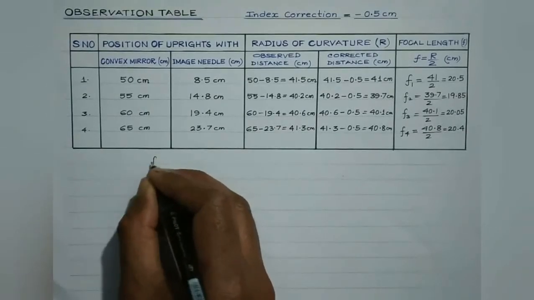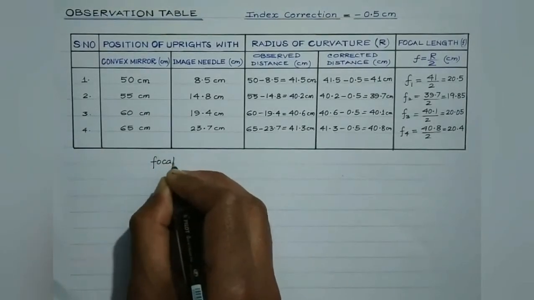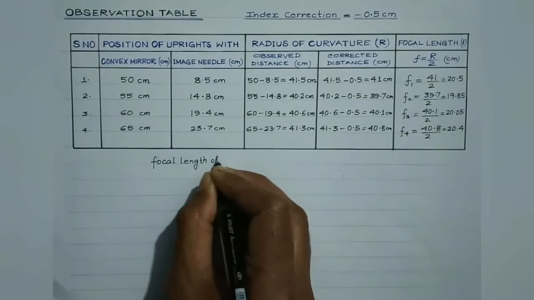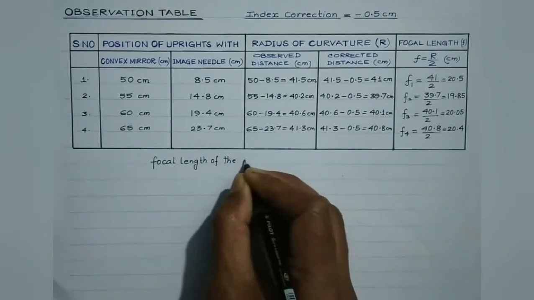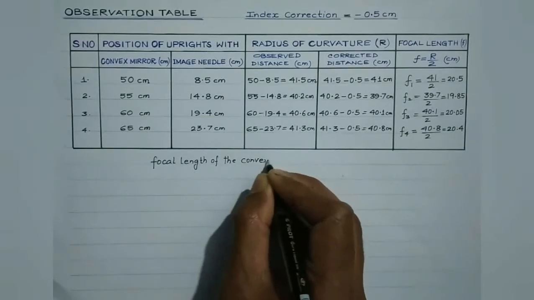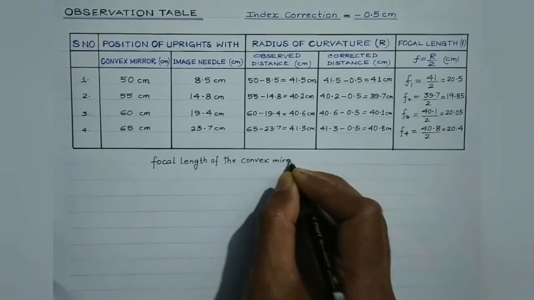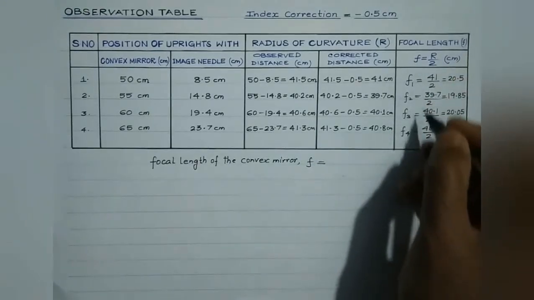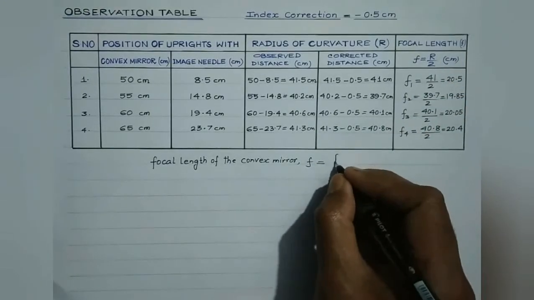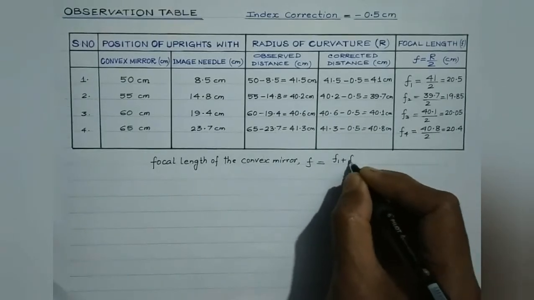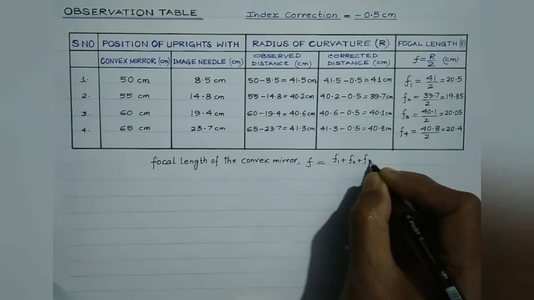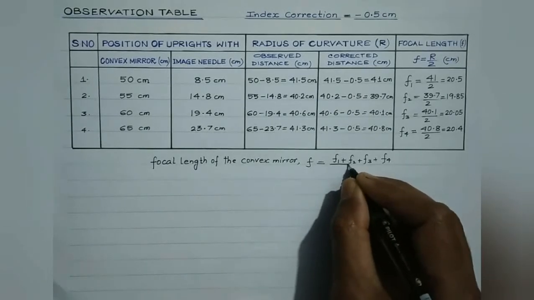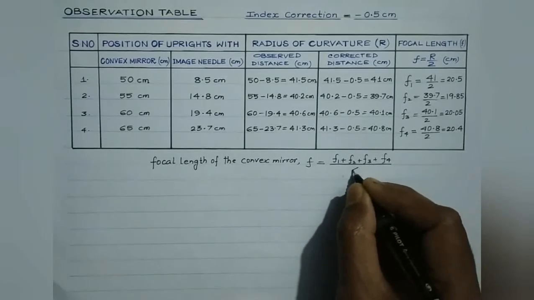So the focal length, this is the result basically, the focal length of the convex mirror, will be given by the arithmetic mean of all these 4 values. Arithmetic mean is sum of all the observations divided by total number of observations. So f1 plus f2 plus f3 plus f4 divided by 4.